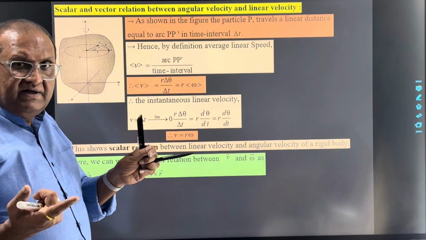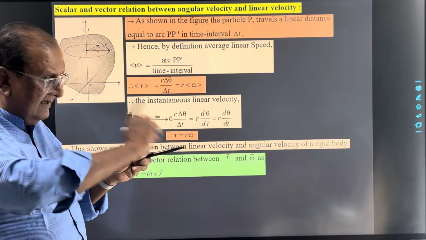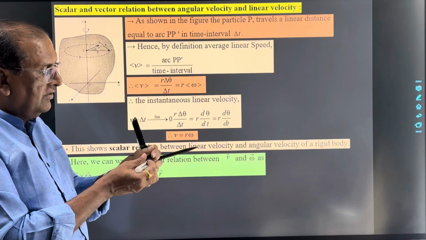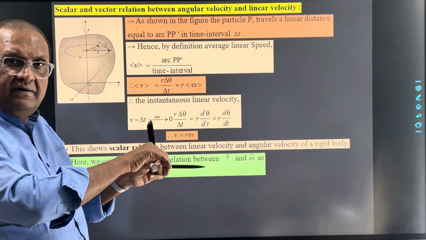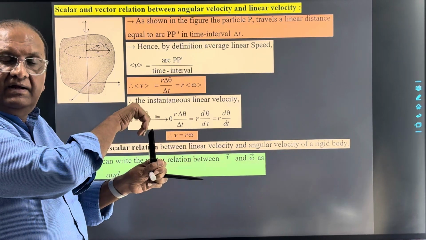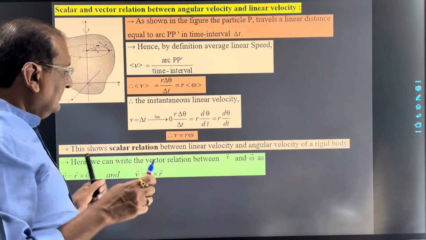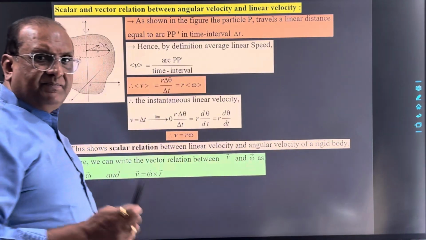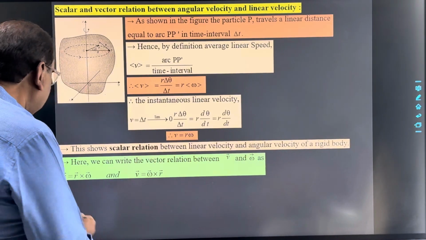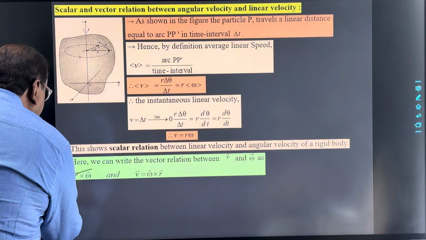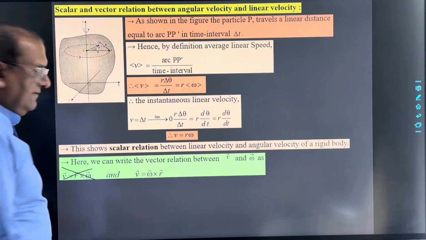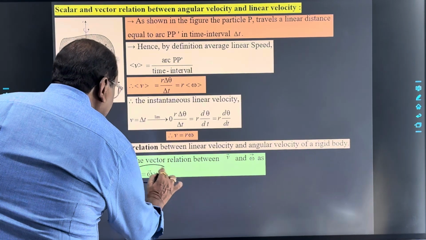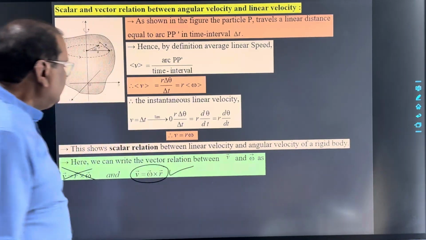Now you can easily understand, if you take omega cross r like this, and rotate the right-handed screw in this manner, the thumb points inward. So that particular relation represents the correct direction. This relation is not valid, but this one is the correct relation.